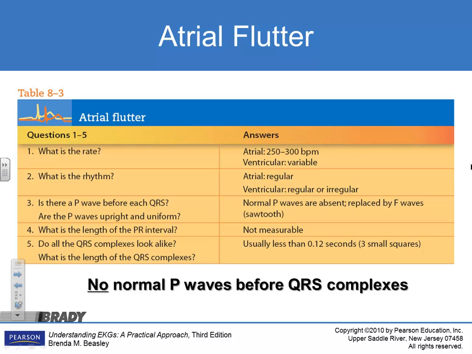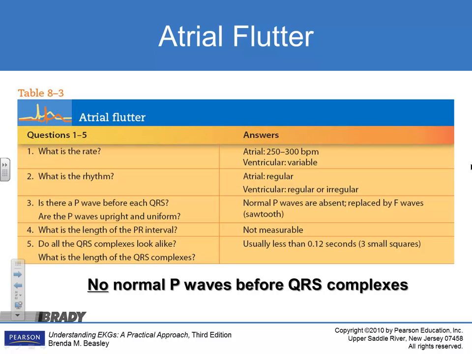So let's look at the 5 rules that we have over here. With a flutter, is it regular or irregular? I mean the rate. The rate's going to be different. You're going to have a different ventricular rate than you have the atrial rate. It may be variable or it may be fairly regular. P wave before every QRS, they're not P waves, they're what? They're F waves.